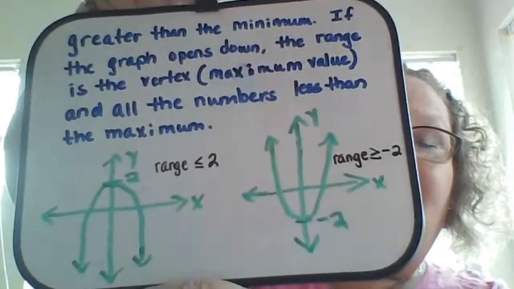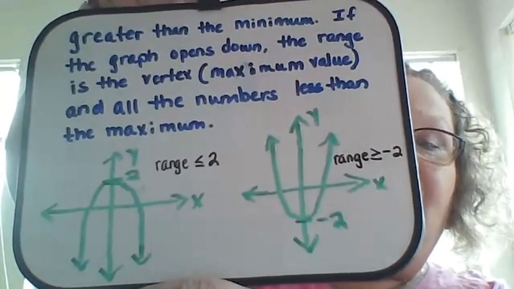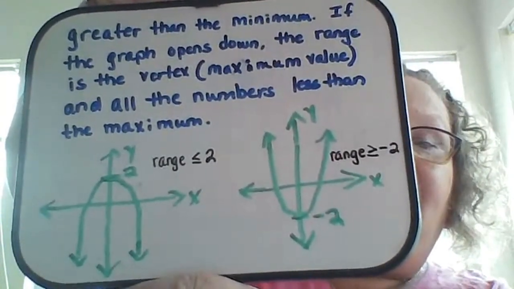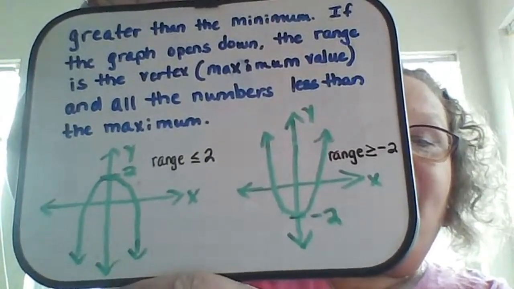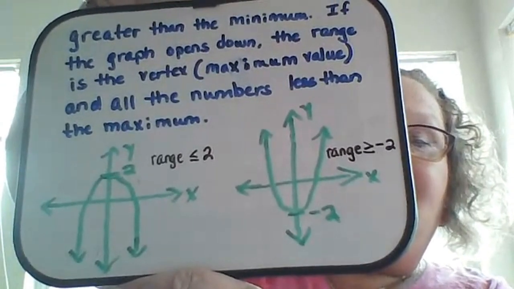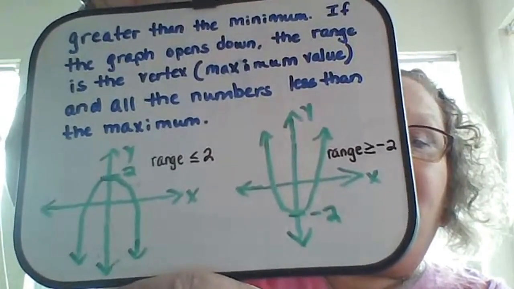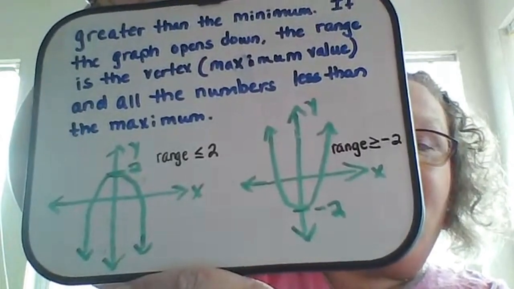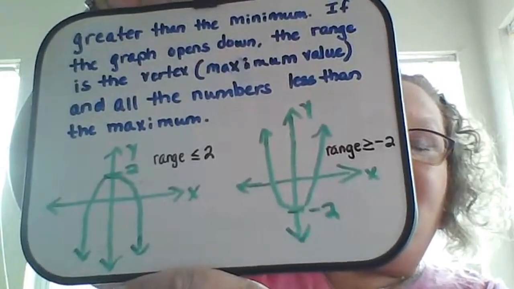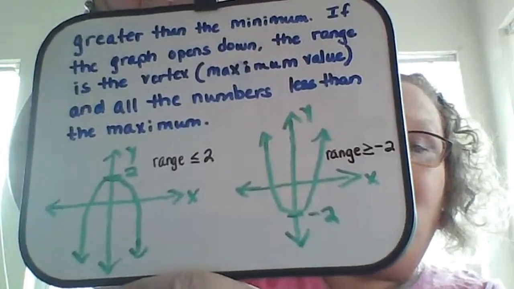In the first one, the one that opens down, you see where the y-intercept or the maximum is at 2. That's where it crosses the y-axis, at positive 2. So the range would be positive 2 and all the numbers less than positive 2. So we say the range is less than or equal to 2.